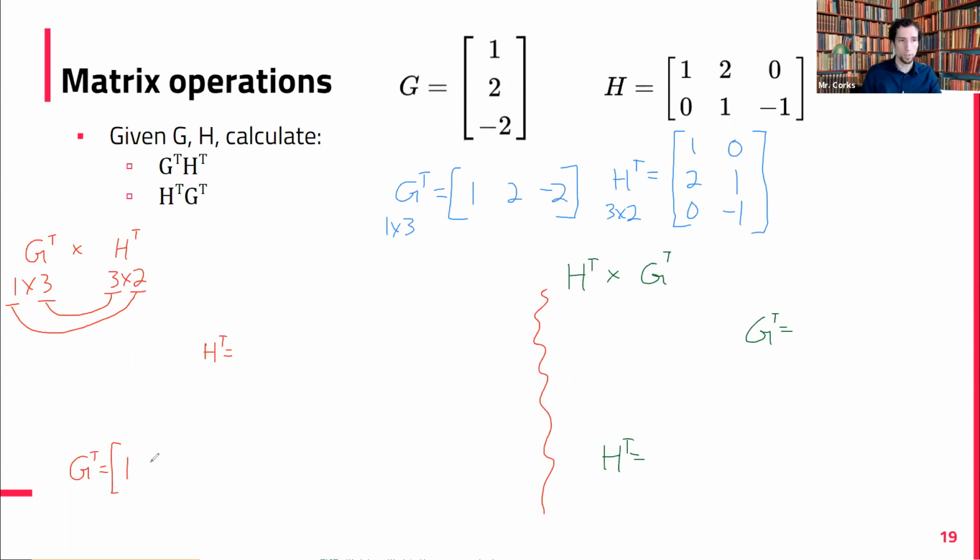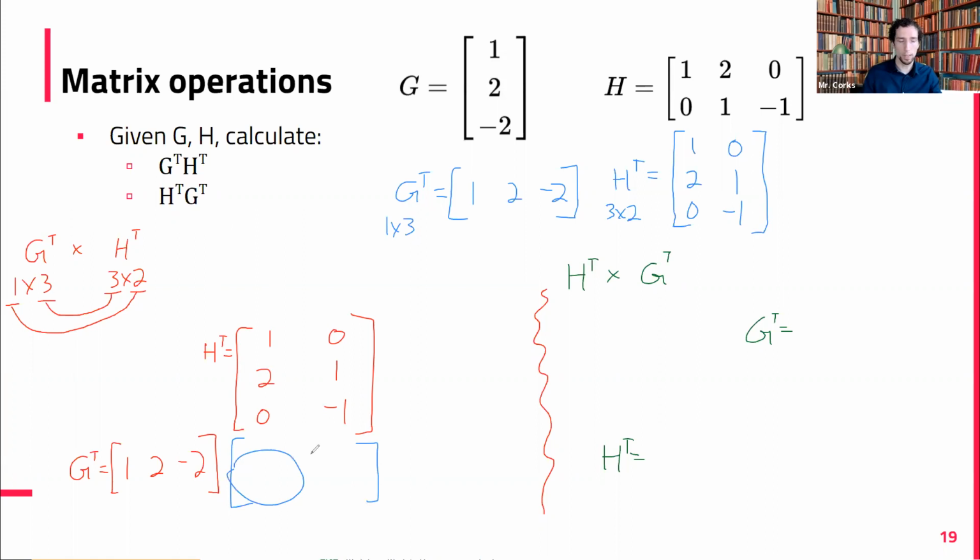So G transpose is a 1, 2, -2 matrix. H transpose is a 1, 0, 2, 1, 0, -1 matrix. All right, so very small result we're going to have down here. Normally we would skip writing out each term, but again, so we can all see very clearly what's happening.